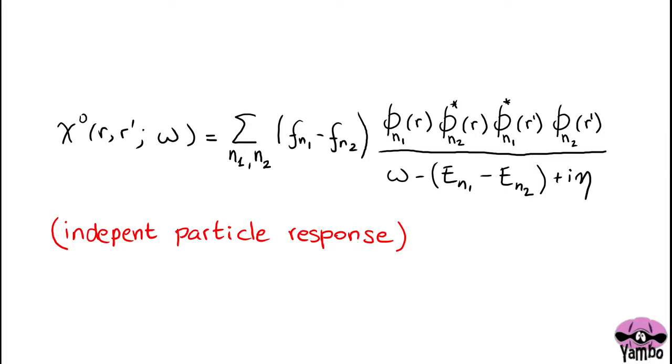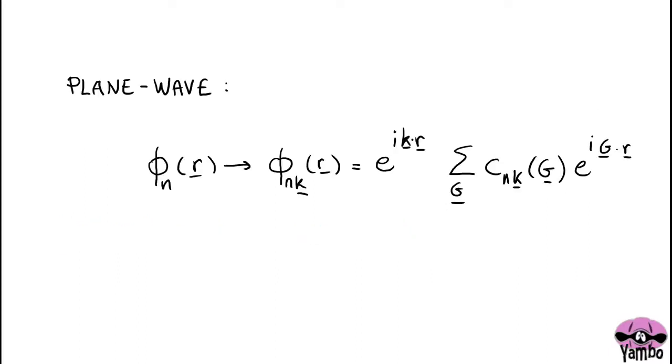Further, how is this response calculated in Yambo? Well, we will use plane waves, so we take the Kohn-Sham orbitals and energies from a plane wave density functional code. So we use a plane wave basis. What before was just indexed with an n is now indexed with an n and crystal momentum.